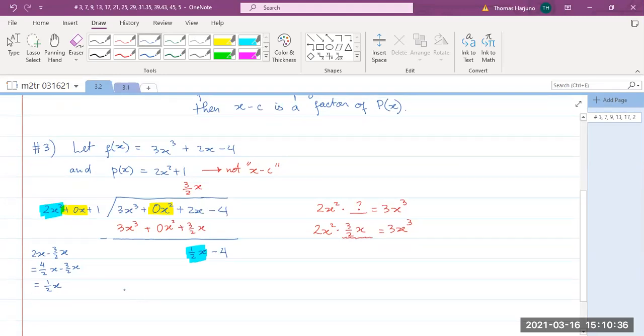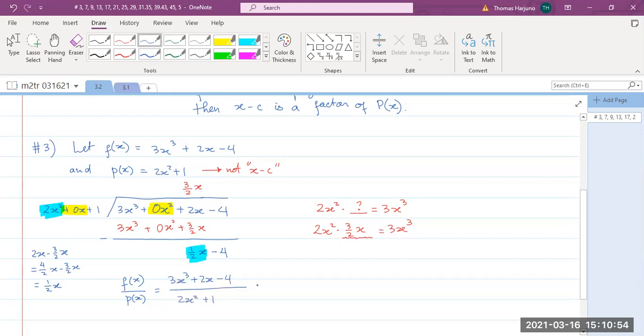We can summarize f(x) divided by p(x) as instructed by the question, which is 3x cubed plus 2x minus 4 divided by 2x squared plus 1.